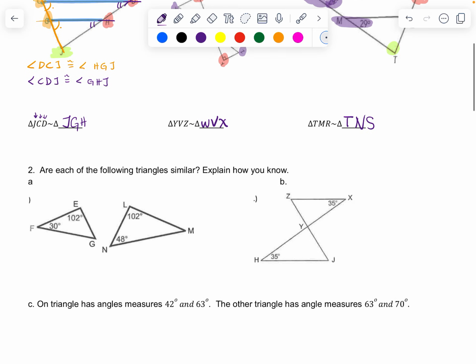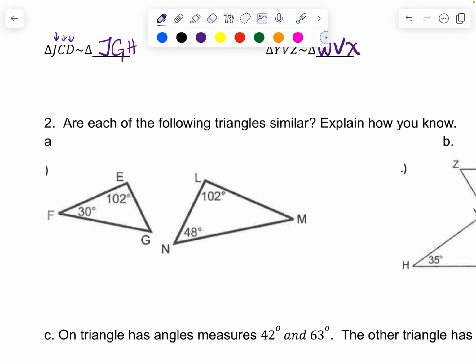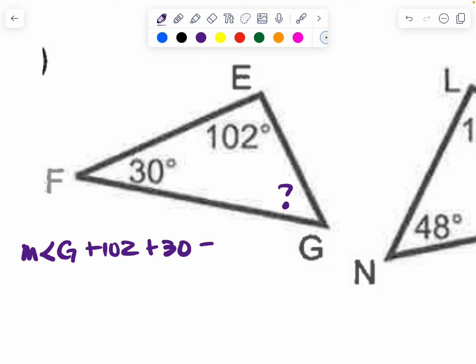Okay. So then it says, are the following triangles similar? Well, we have to figure out what this angle is right here. So the measure of angle G plus 102 plus 30 should equal 180.